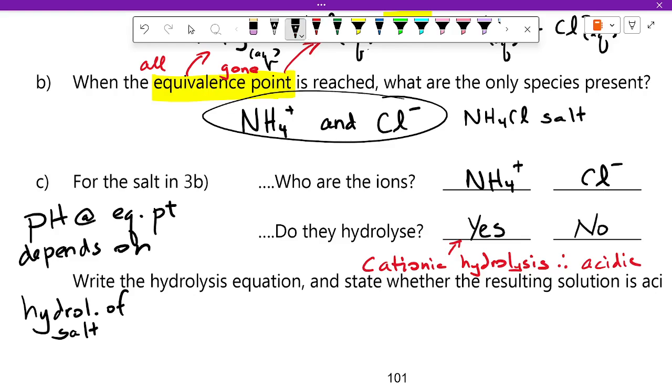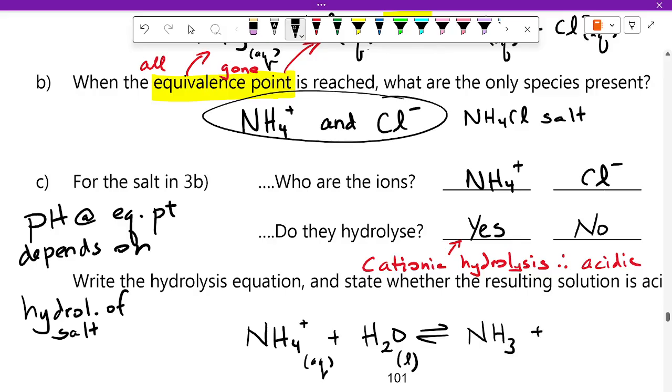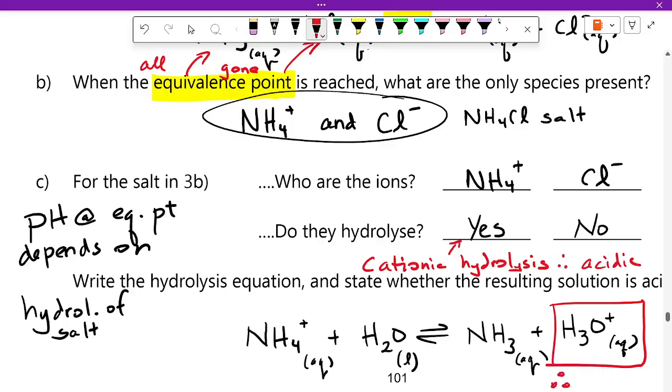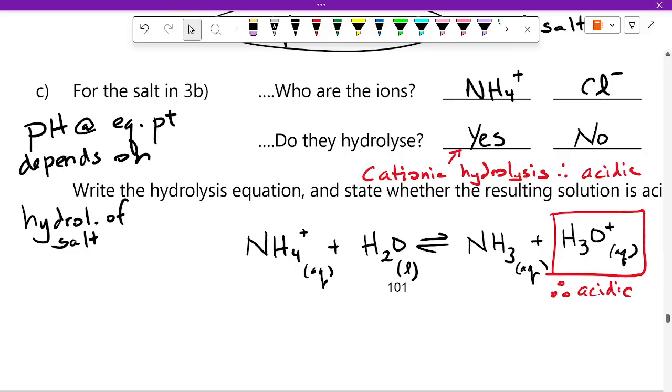Please do that. So the pH at the equivalence point is going to be lower than 7 because the hydrolysis of the salt produces hydronium.